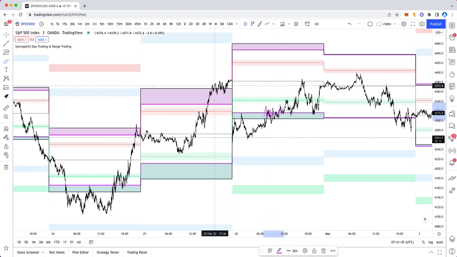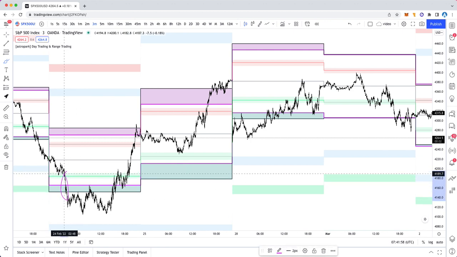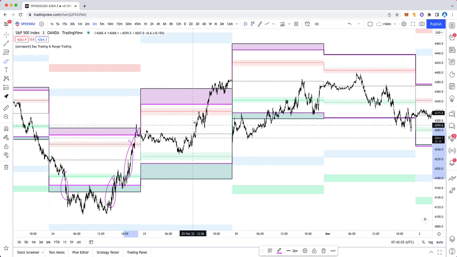This is something quite common. Price most of the time consolidates and then that's the move. So for example, this is the move, this is another move, this is another move. These are the big moves you want to catch, in general.